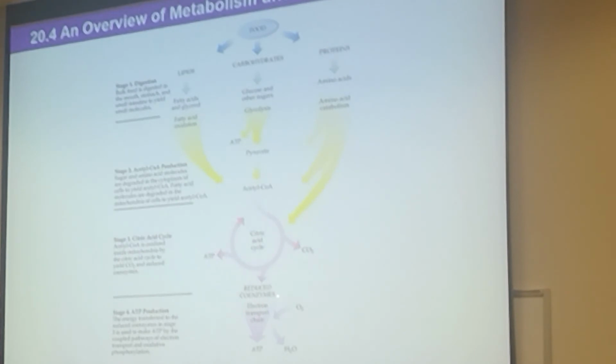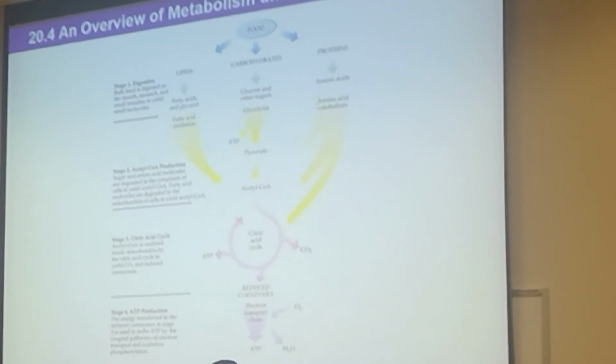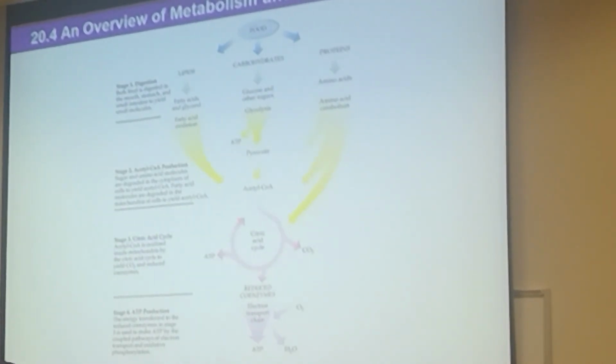So the reduced coenzyme, once formed, is an energy carrier molecule. Another type of energy carrier molecule, similar to ATP. They carry electrons. They transport electrons from the citric acid cycle, and then they release electrons in stage 4. That one we call the electron transport chain or the ATP production.